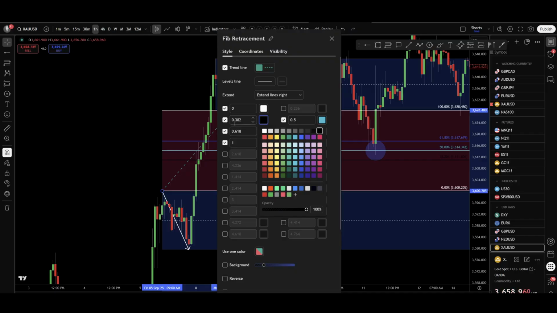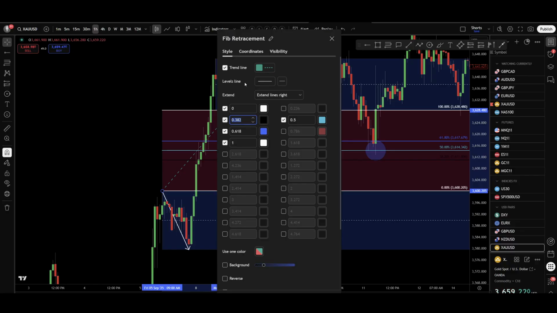Okay, I just want to make this... I don't care. It needs to be point one. I need another one to be point two. I don't use fib extensions that much, but let me see. We'll do this. This needs to be point three, point four, and actually, I'll make this 1.5, point four.